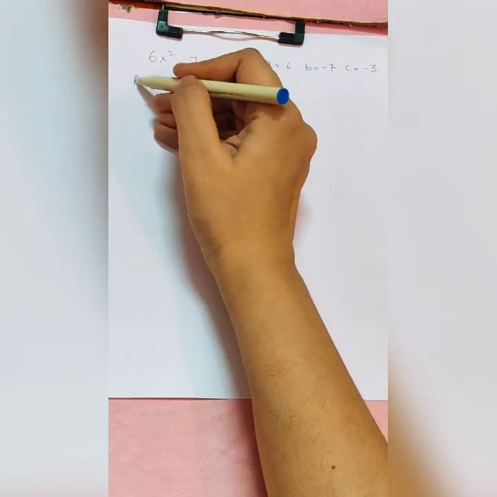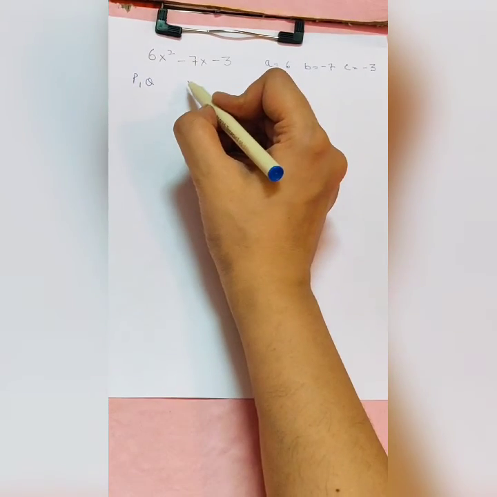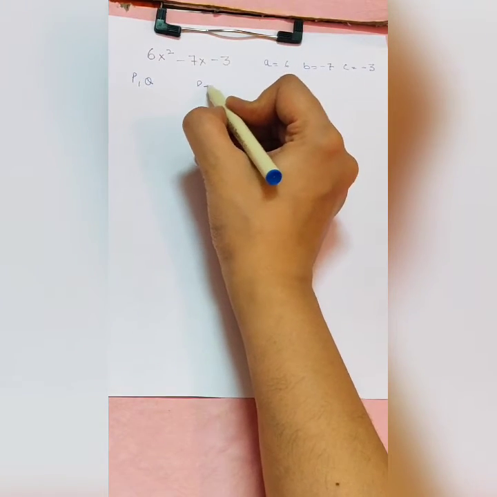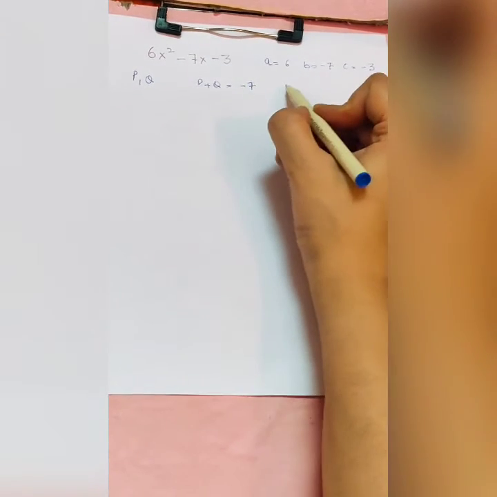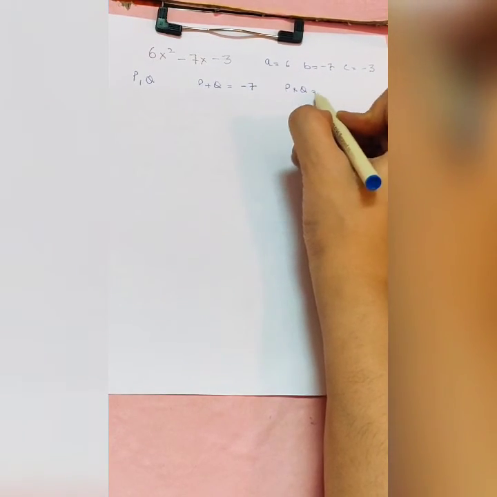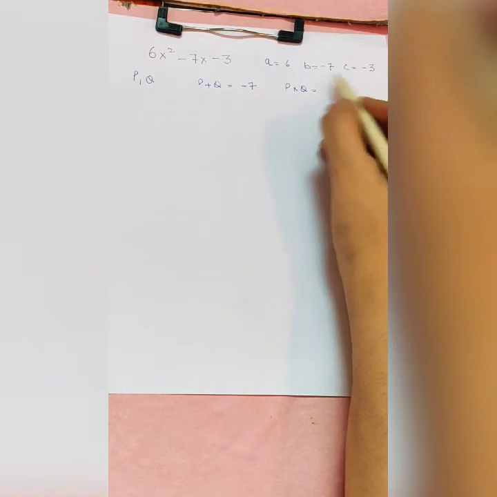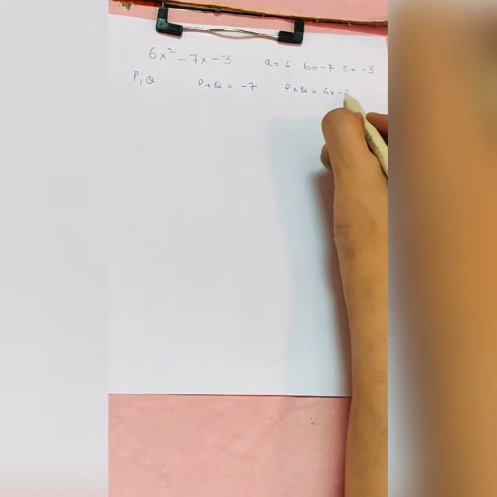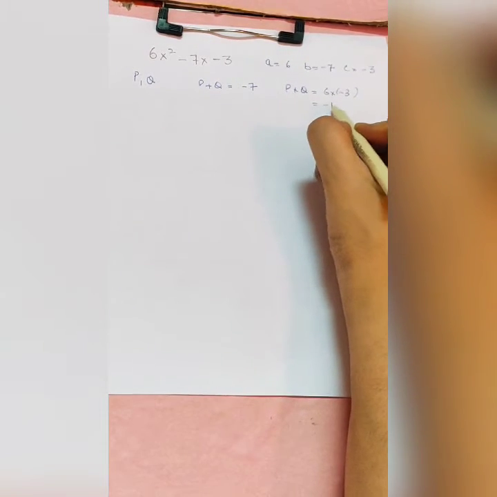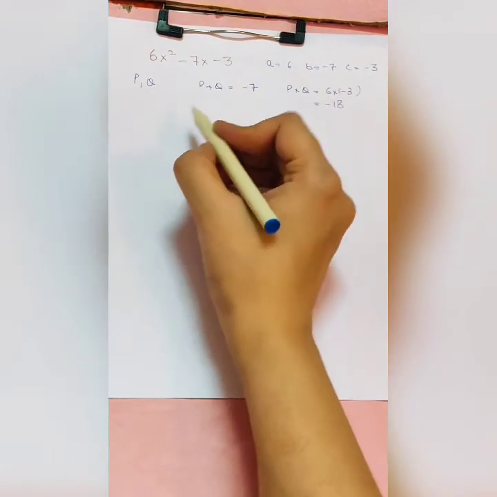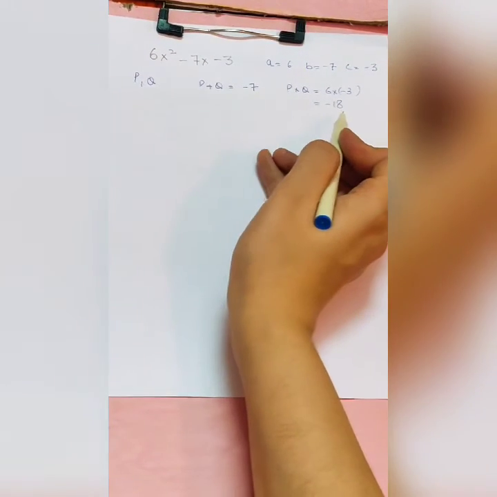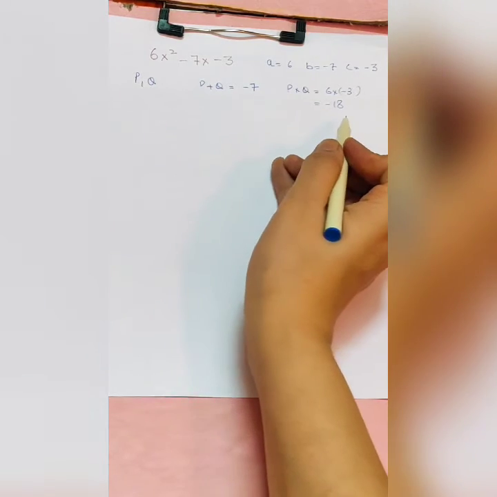The same procedure: we have to find P and Q, two numbers, which give us P plus Q as b, which is minus 7, and P into Q should be a into c, which is 6 into minus 3, minus 18. Same thing, we begin with P into Q equal to minus 18, so we write minus.